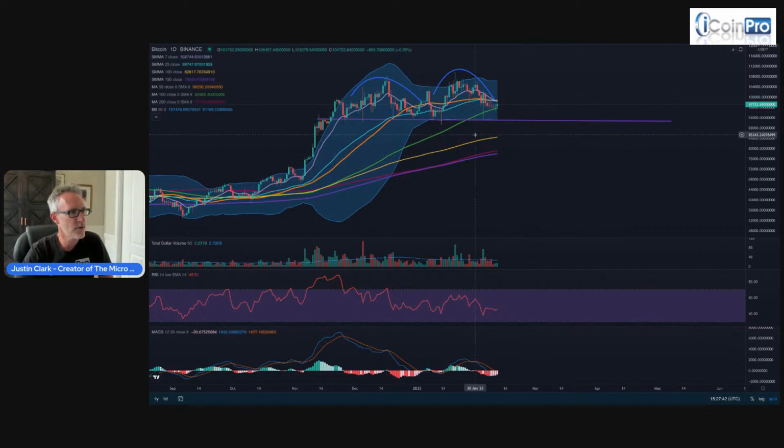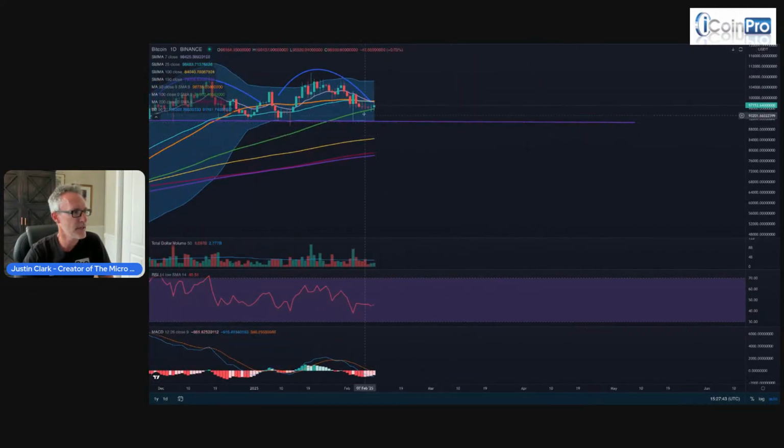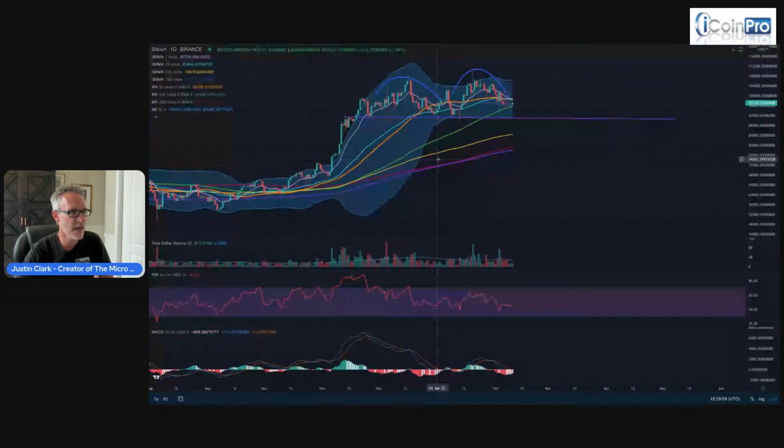So for those who are new, a couple things. These green and red things are called candles. They show what's happening with the price of the asset you're looking at. In this case, it's Bitcoin. Each candle represents 1 day. 1D means 1 day, so an entire day's worth of trading. These lines here, purple, maroon, yellow, green, etc., are moving averages.